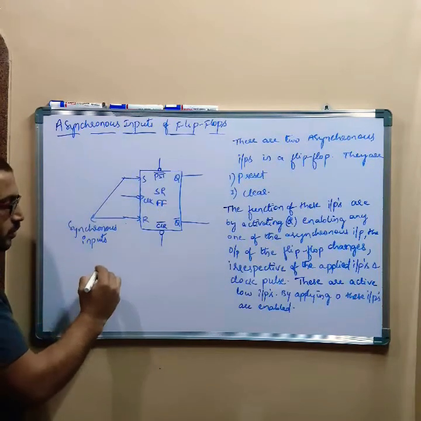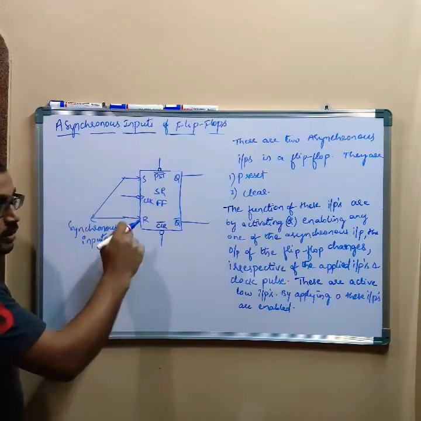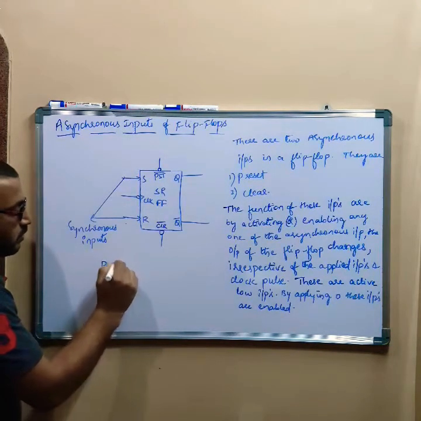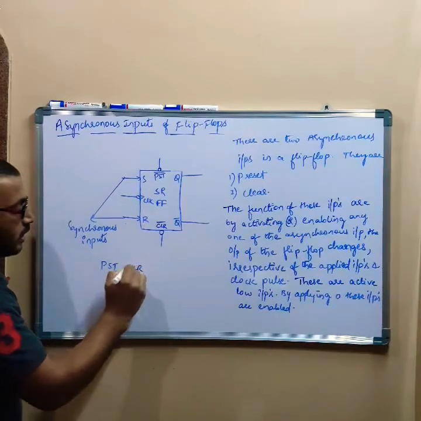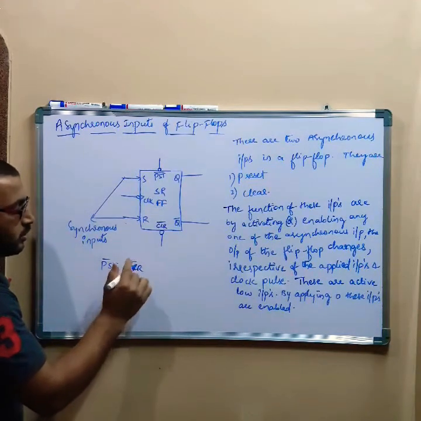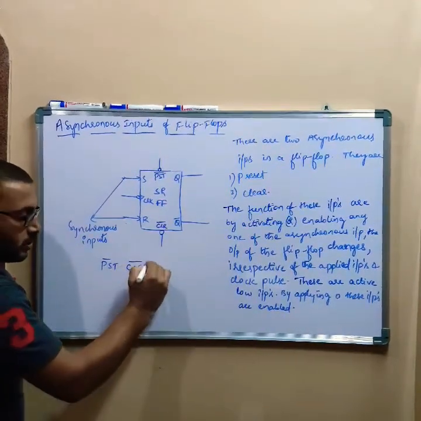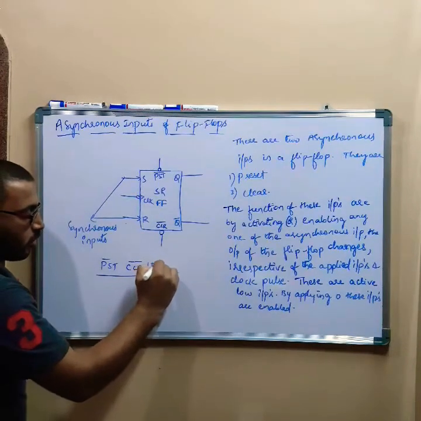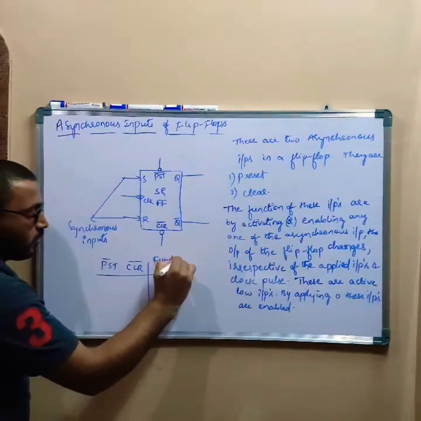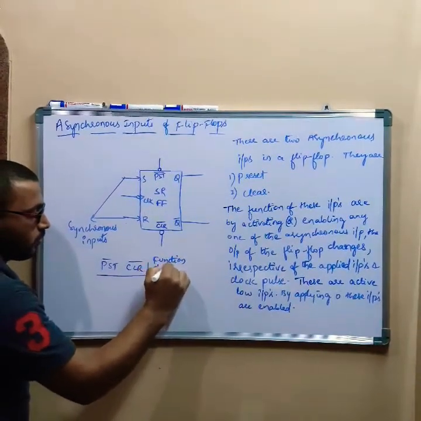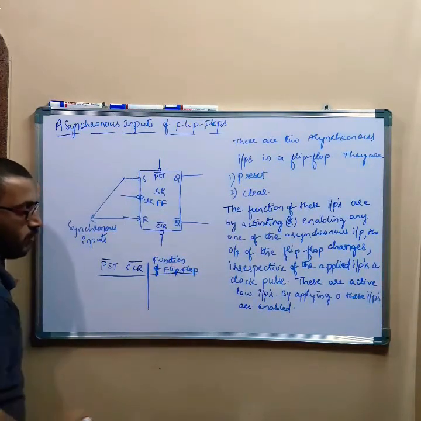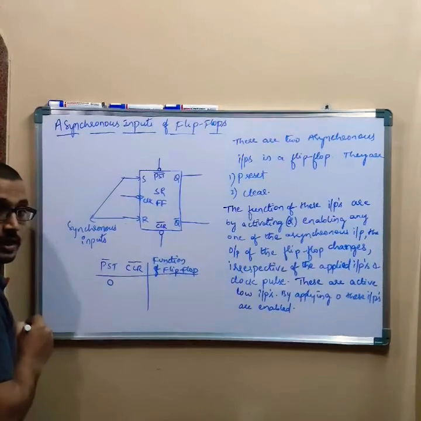See, I will prepare the truth table for this explanation. So we have preset, clear, preset complement, clear complement, or else you can take preset and clear, and the output or function of the flip-flop.